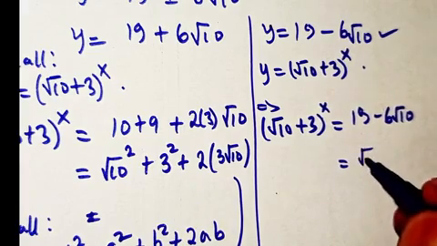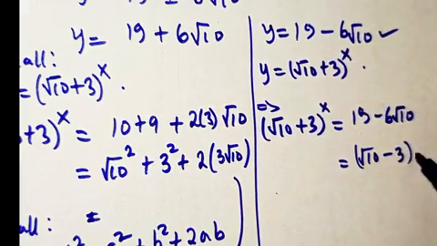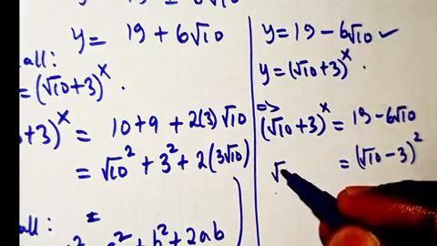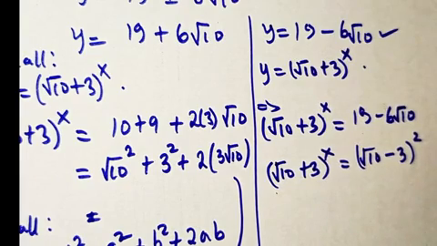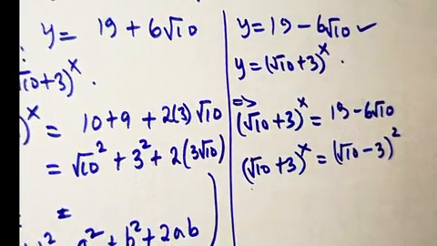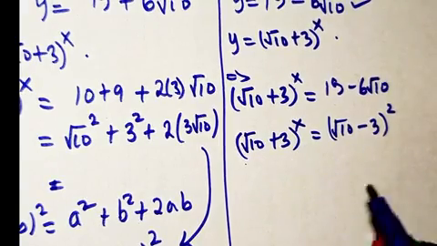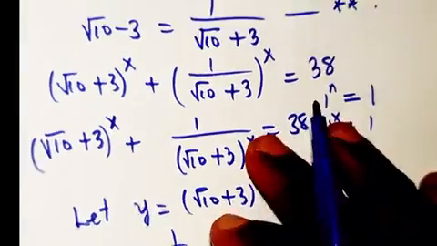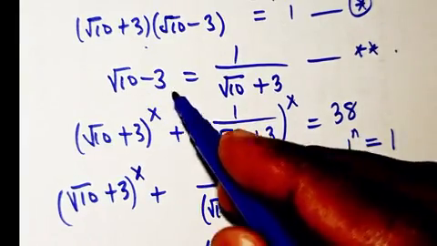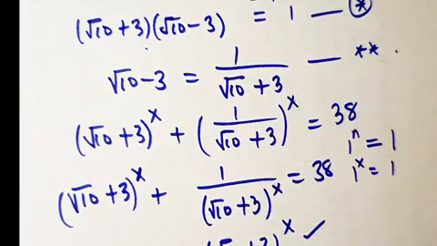So this is going to be root 10 minus 3, all squared. It's just the minus that will change. But look at this, you can see that the bases are not the same here. So we need to recall from the beginning. From this star we said root 10 minus 3 is 1 over root 10 plus 3. So we are going to replace root 10 minus 3 with 1 over root 10 plus 3.